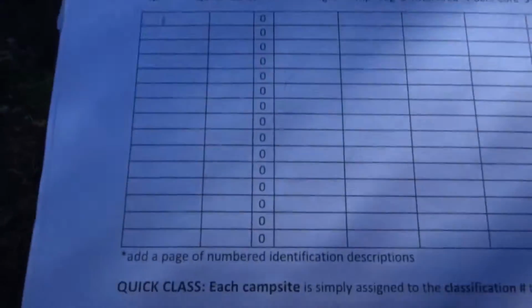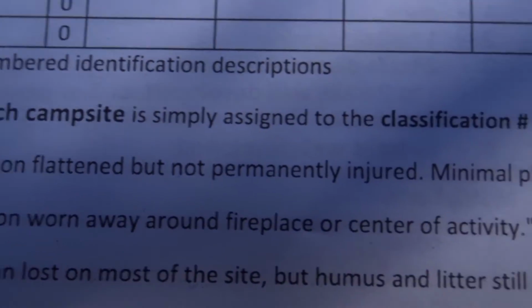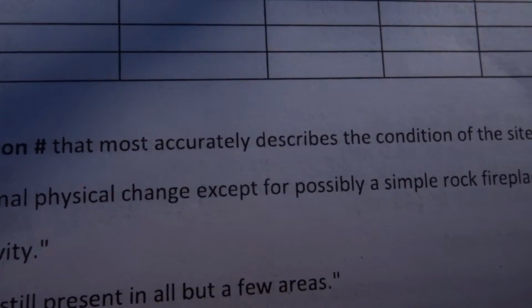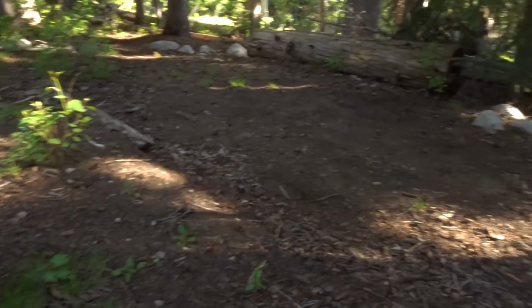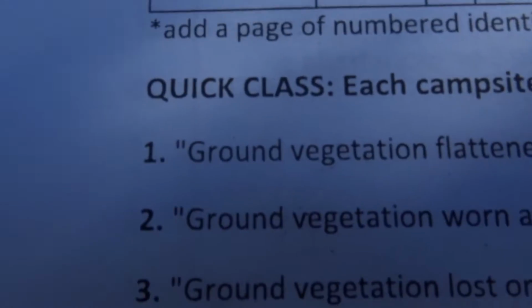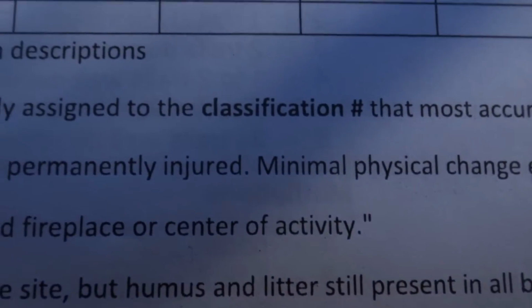And the quick class right here, number 1, ground vegetation flattened but not permanently injured. Minimal physical change except for possibility of simple rock fireplace. Okay, I don't think that fits our place. The vegetation is not just flattened, it's actually gone. So number 2, ground vegetation worn away around the fireplace or center of activity.